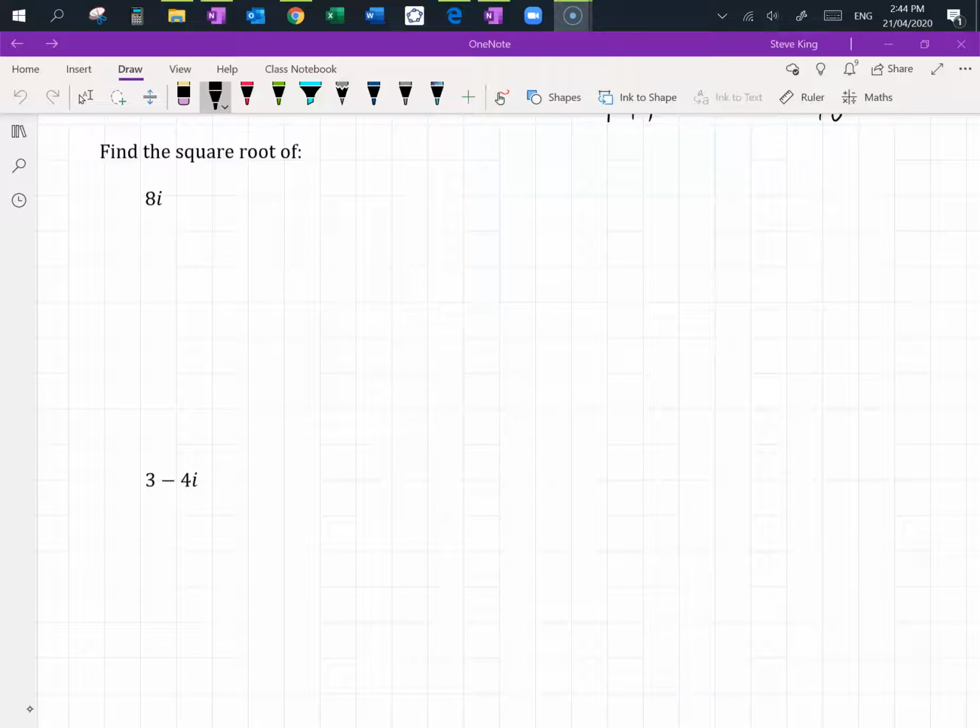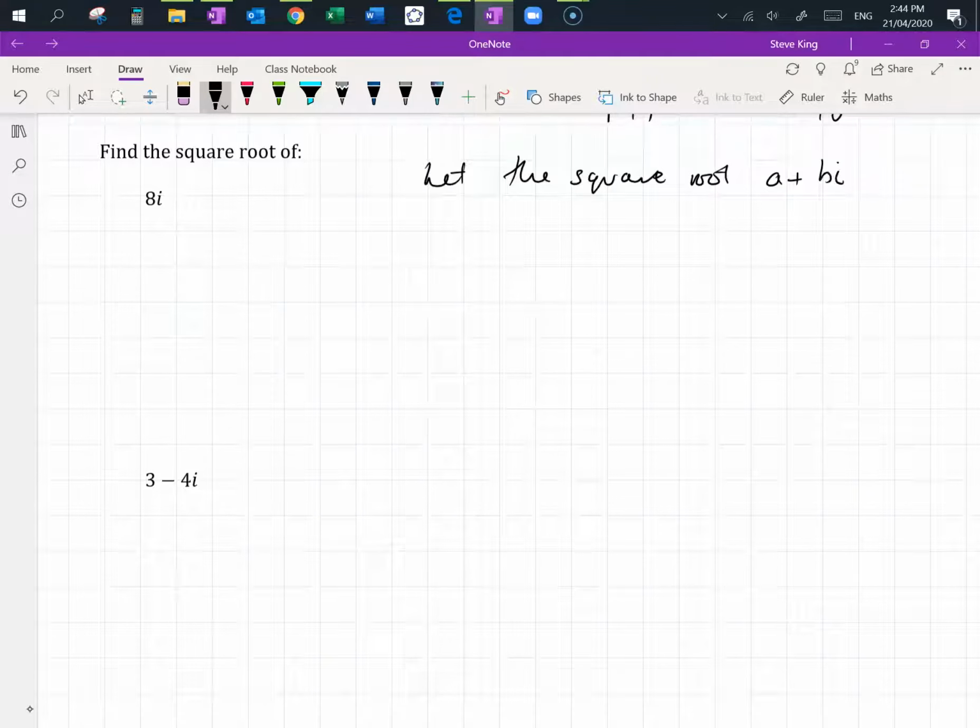So I'm going to say, let the square root be this number a plus bi. So in other words, I'm saying over here, a plus bi is equal to the square root of 8i.